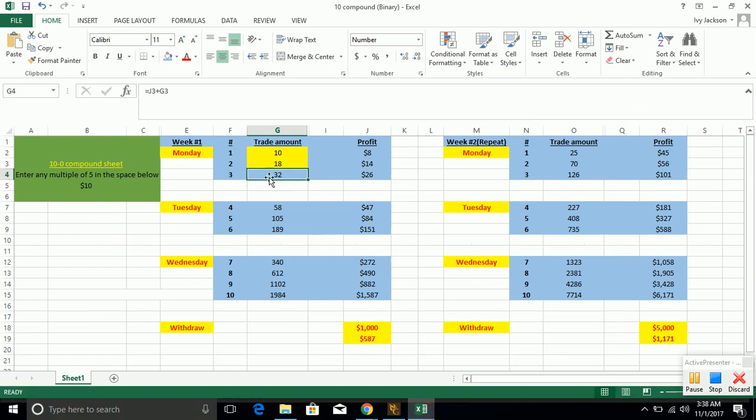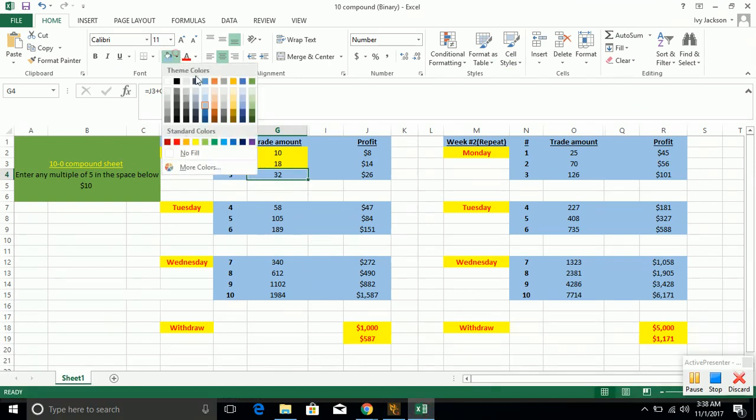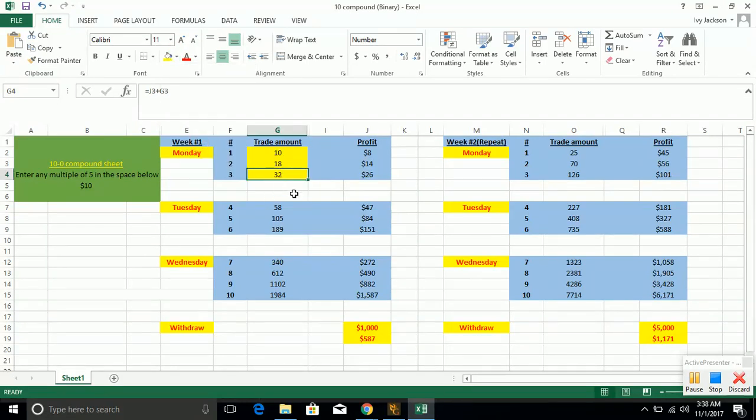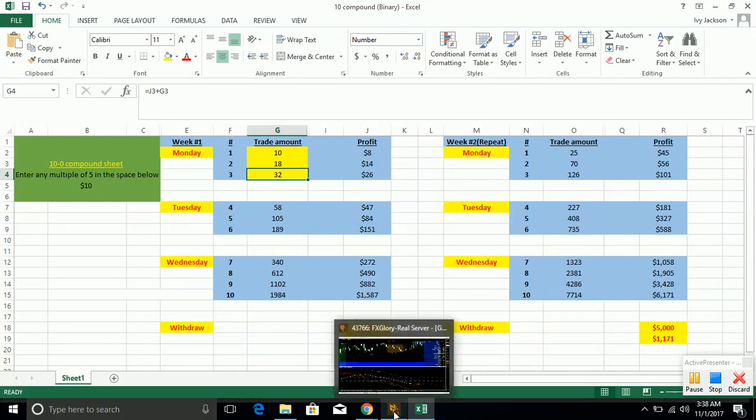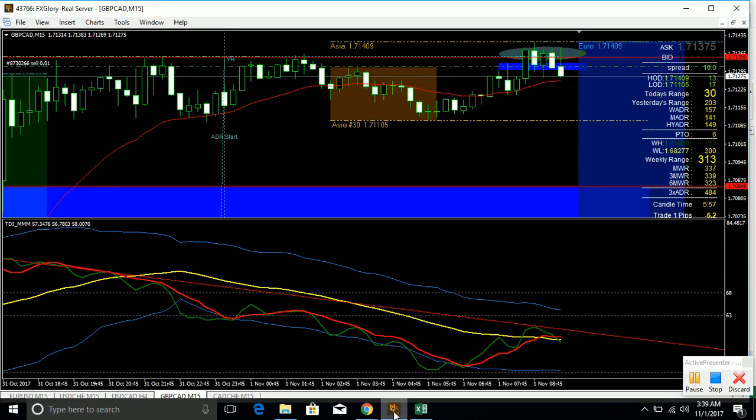That was just trade number 3 here on the compound chart. Yesterday we had a little hiccup, so we had to restart at Monday's level, but that's all good. You know, we learn from our mistakes. Always, every lost trade should be a learning trade.